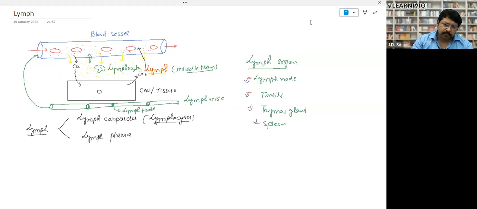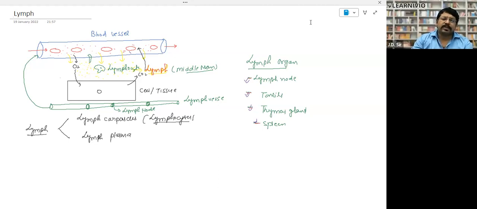Why? Because the oxygen, nutrients, hormones and enzymes that the blood carries are not given directly to the cells or tissue. They are first given to the lymph, and then lymph provides it to the cells.